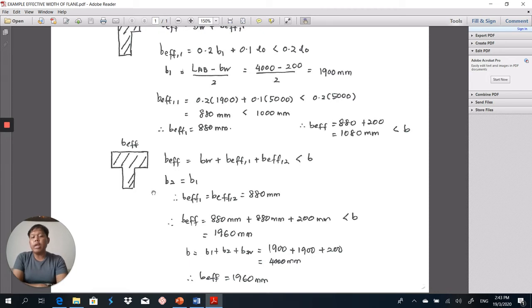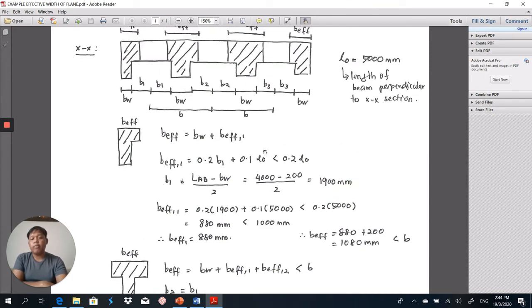The formula for BEFF for the T flange beam is equal to BW plus BEFF1 plus BEFF2, because there are two sides of flange. It should be less than B. As I said before, to determine B1 is the same as what we have done before. In my case here, because the lengths of LAB, LBC, and LCD are the same, my B1 is equal to B2.